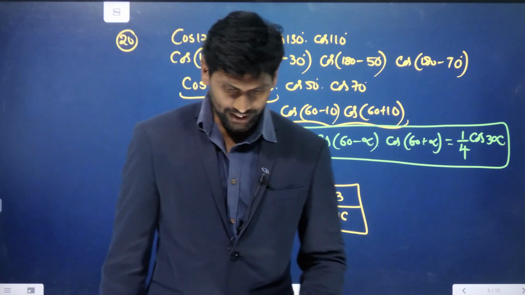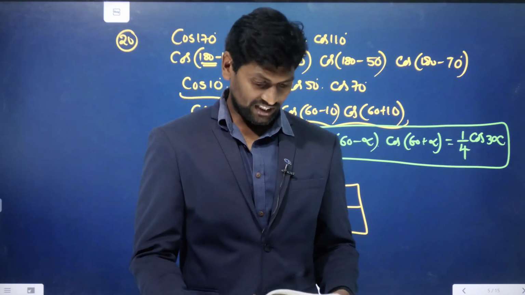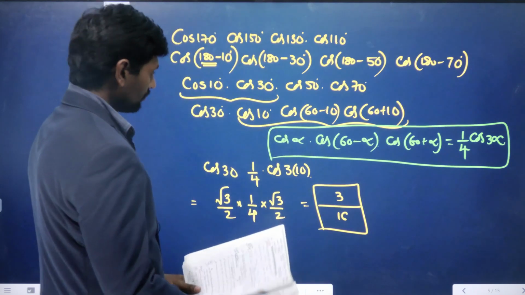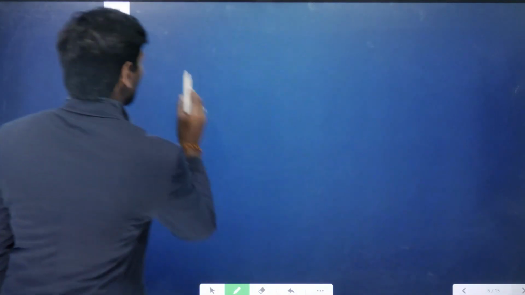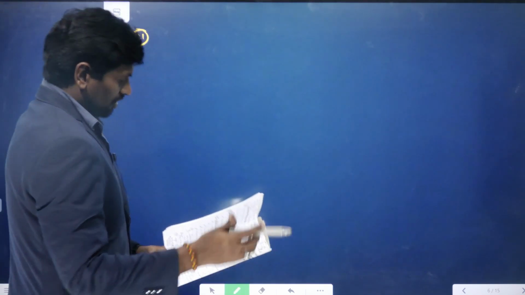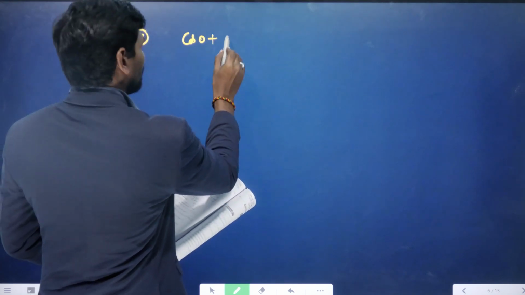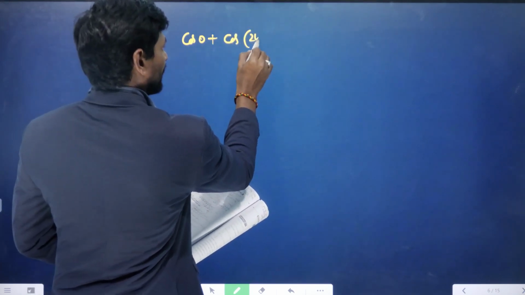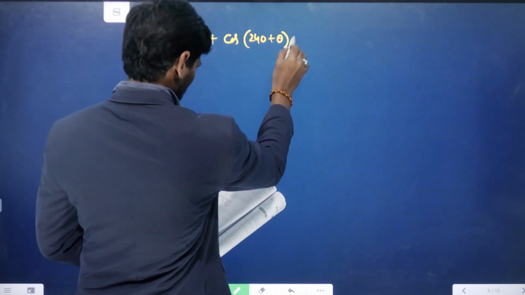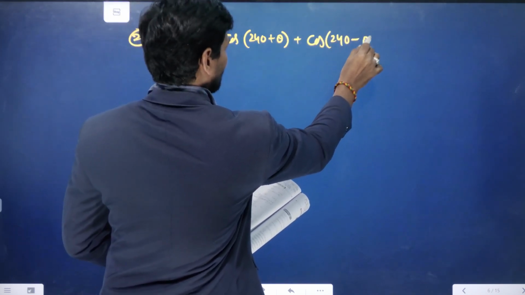Now, let us go to the next problem, children. The 21st one is: the problem is given cos theta plus cos 240 plus theta plus cos 240 minus theta.